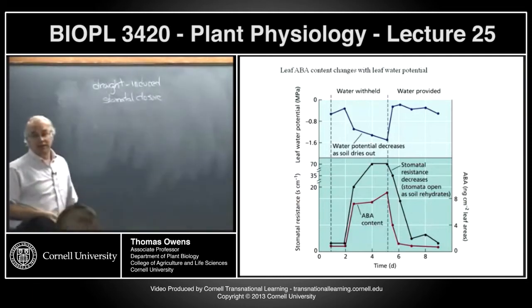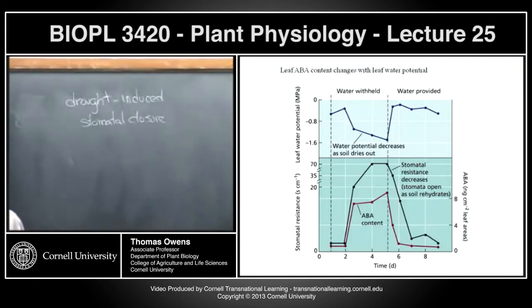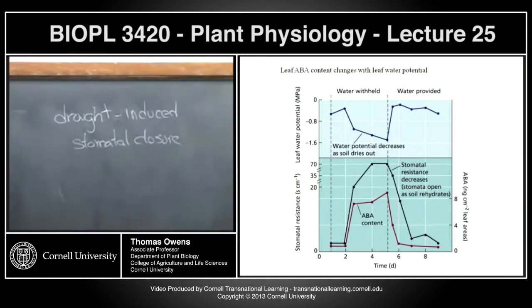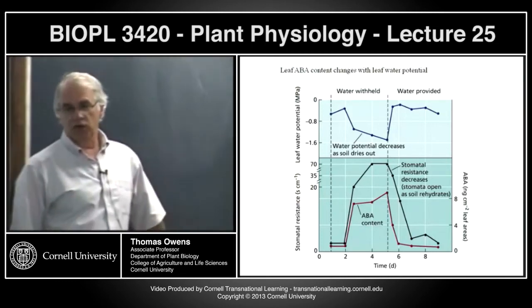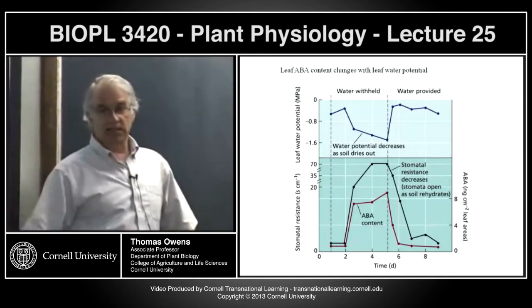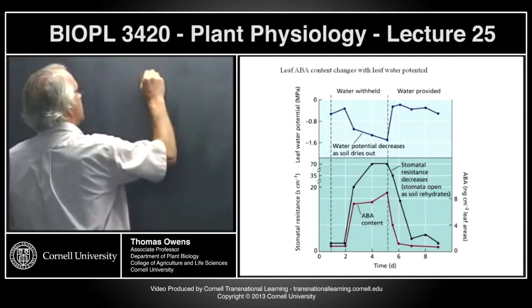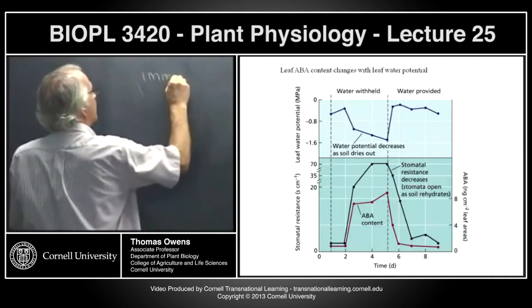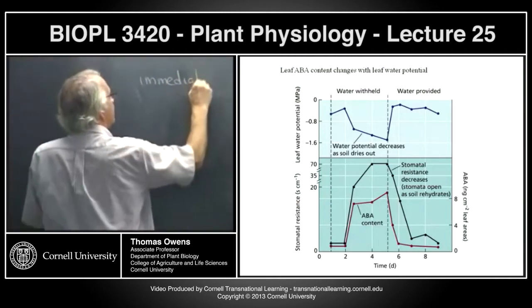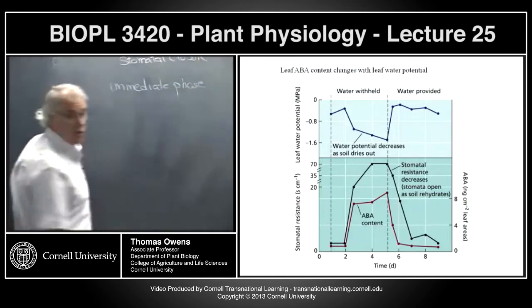And the book talks about two phases of this, sort of the immediate phase and then the longer-term phase. And the difference between the immediate phase and the longer-term phase is sort of minutes to hours versus days. Okay, so let's talk about what's happening first in this immediate phase. There's two things going on.